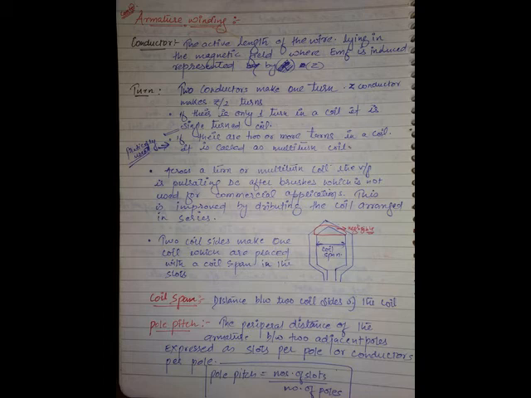Clearly differentiated: 1, 2, 3, 4, odd number, even number. So two layers, it is double layer winding. Arranged in two layers, it is double layer winding.